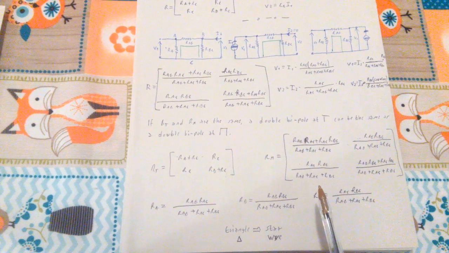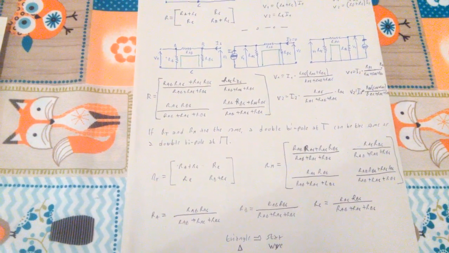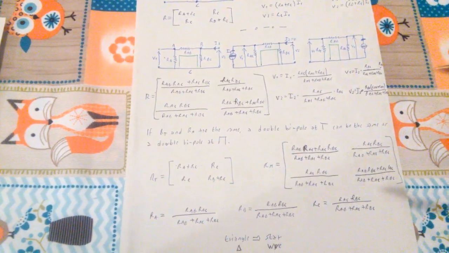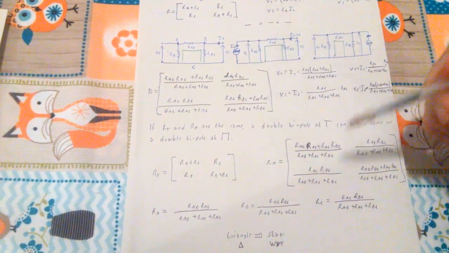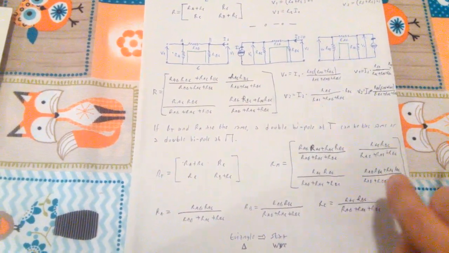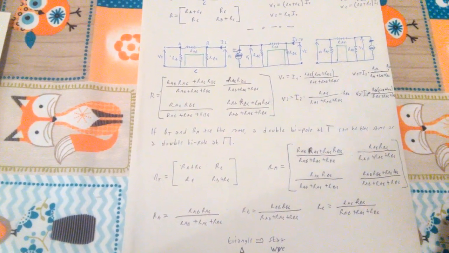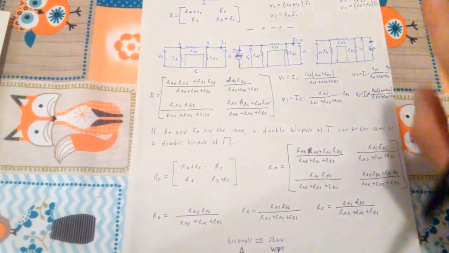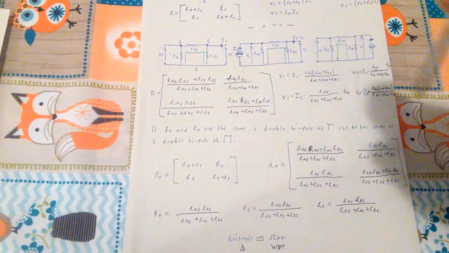A triangle is basically what you see. So three resistances, for instance, in a triangle will be three resistances like so, and a star will be instead like this.